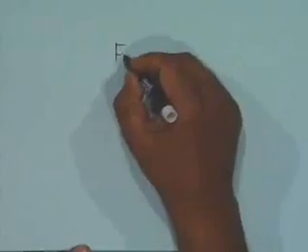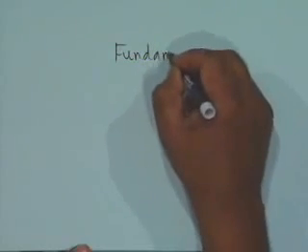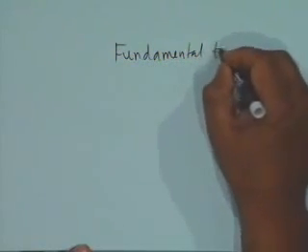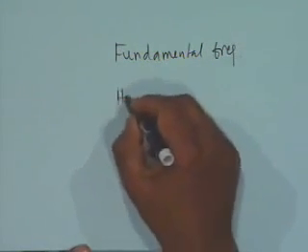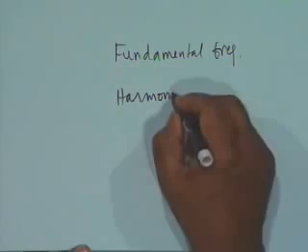Suppose you have 3 signals which are of frequencies 1 kilohertz, 2 kilohertz and 3 kilohertz. Then the minimum frequency signal is called the fundamental, and all others are called harmonics. Fundamental frequency and all others are called harmonic frequencies.